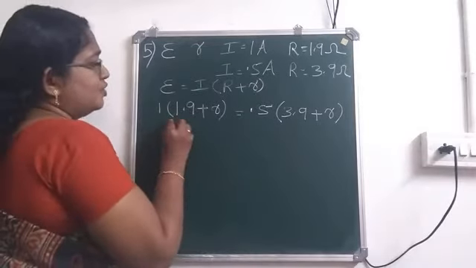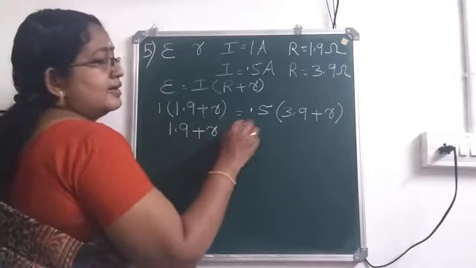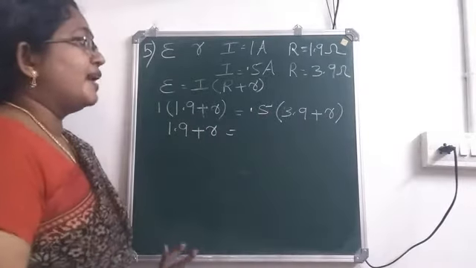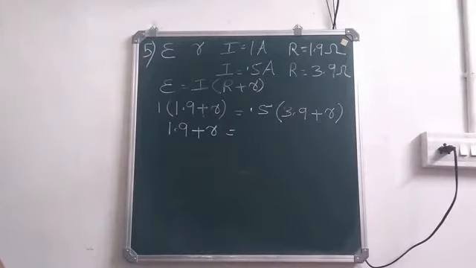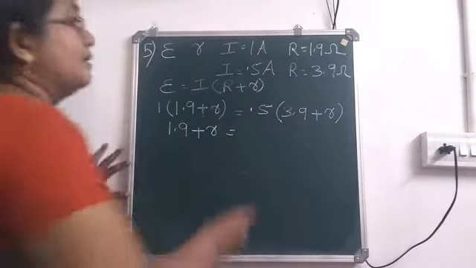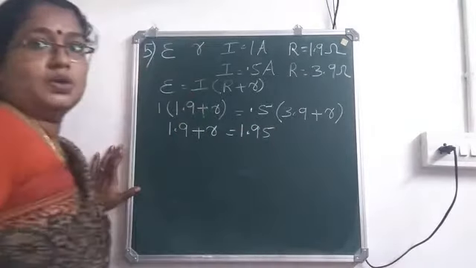Okay, so 1 into 1.9 is 1.9, 1 into R is R. Then 0.5 into 3.9, here the value is 1.95. I am writing it directly, not to waste time on doing it.